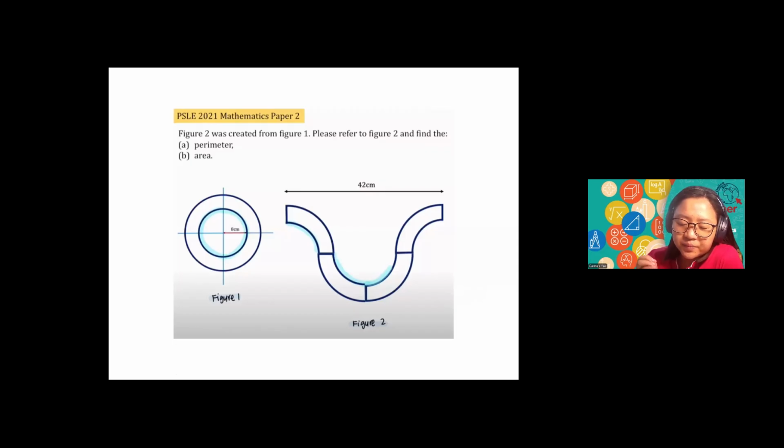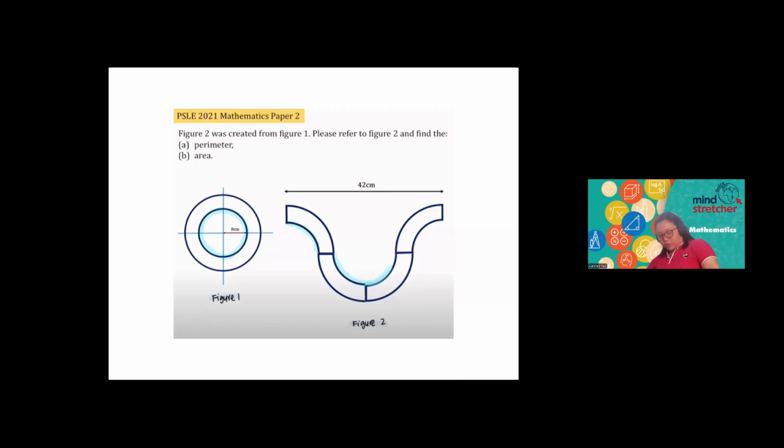The reason why there will be this kind of non-routine question is because they want to differentiate the AL1s and the AL2s from the AL3. You realize that the score range is designed so that to score AL1 and AL2, you need to get almost every question right.